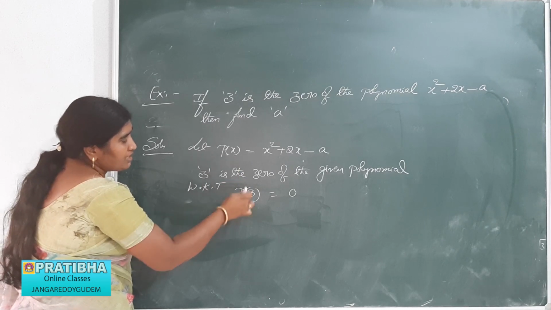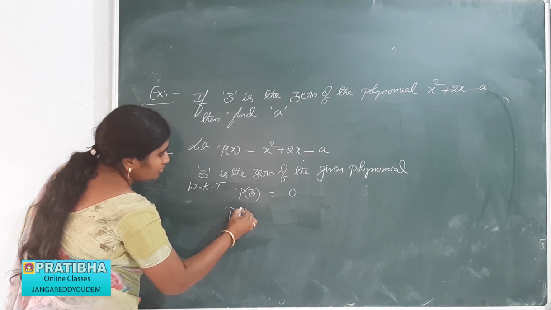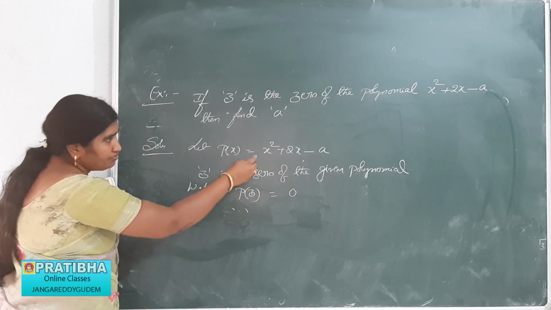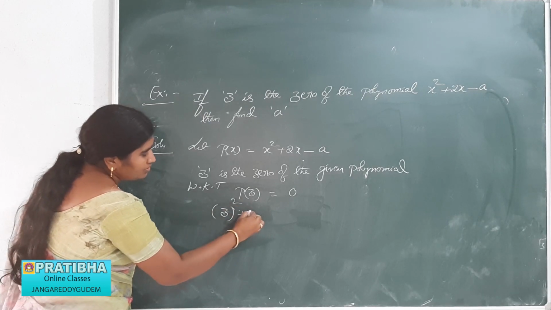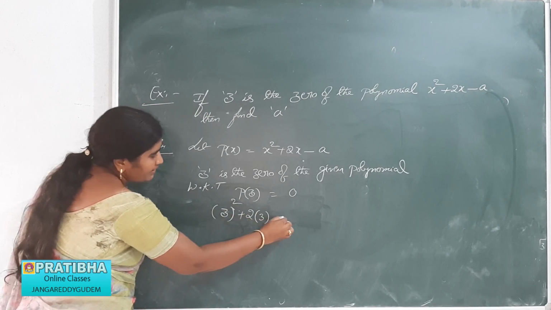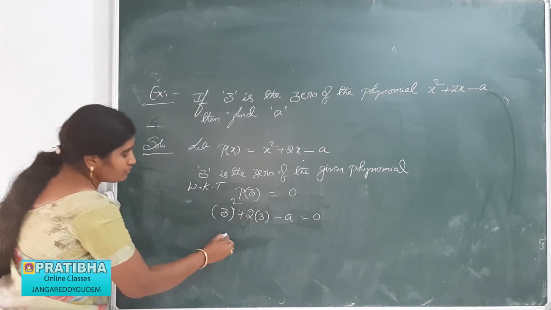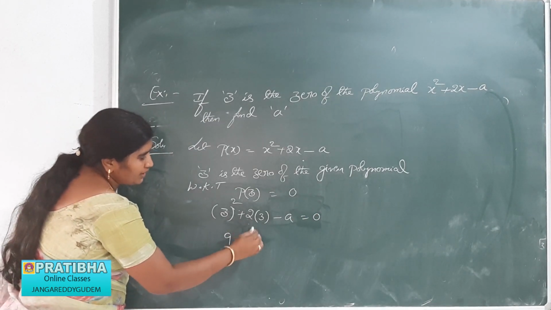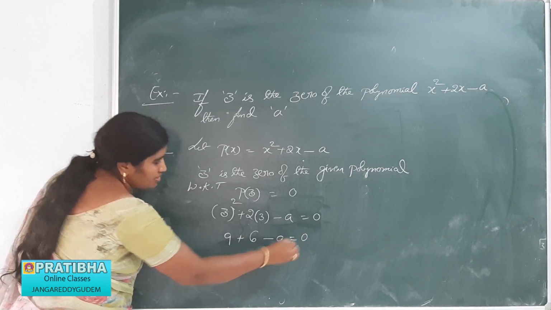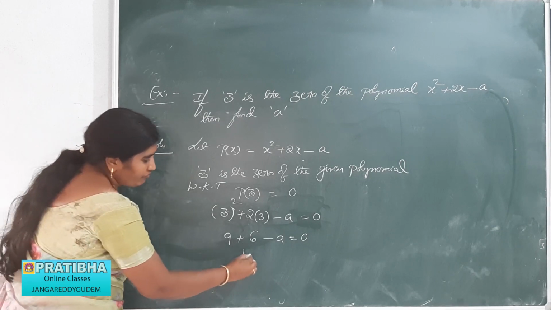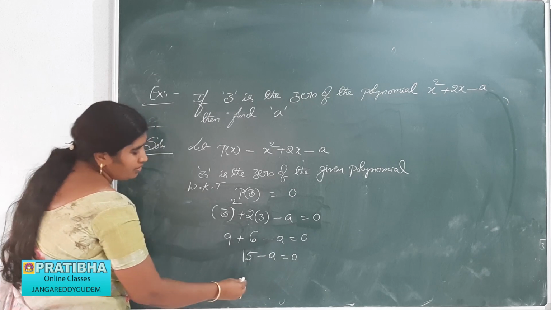Substitute x equal to 3 in this polynomial, p of 3 equal to 3 square plus 2 into 3 minus a equal to 0. Here 3 square value is 9 plus 2 threes are 6 minus a equal to 0. 9 plus 6, 15 minus a equal to 0.